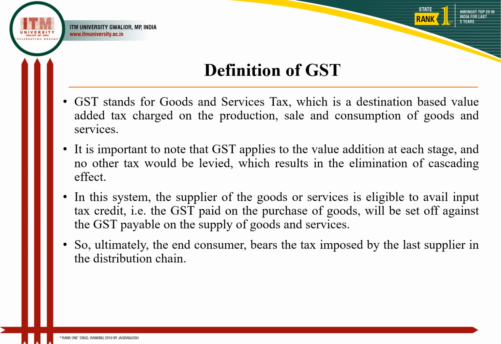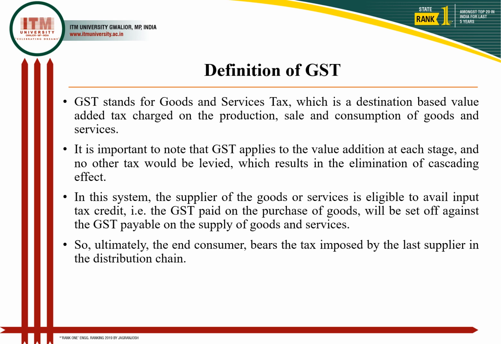So the supplier of the goods and services is going to avail the input tax credit, and the GST paid on the purchase of the goods will be set off, reduced against the GST payable on the supply of goods and services. So here there is a little bit of similarity.